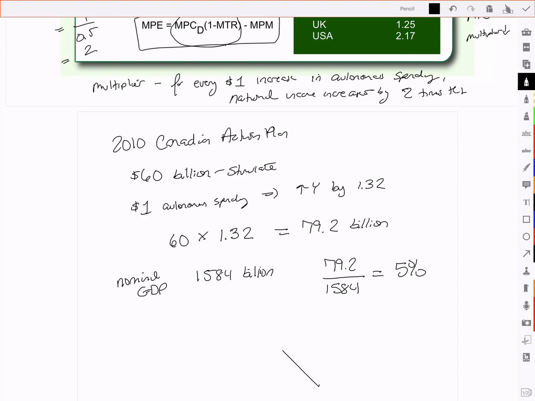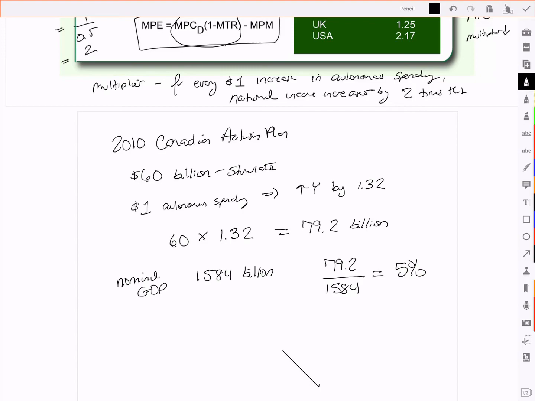Because of that spending multiplier, the government could spend $60 billion and it would turn into $79.2 billion in terms of income. And the reason is that the government spends $60 billion paying people to build roads, build hospitals. That puts money in their pocket. They then use that money to go out to eat, to buy TVs, to buy cars.